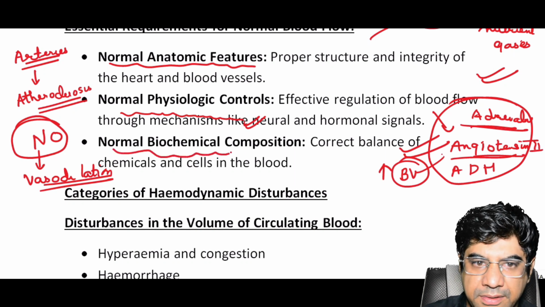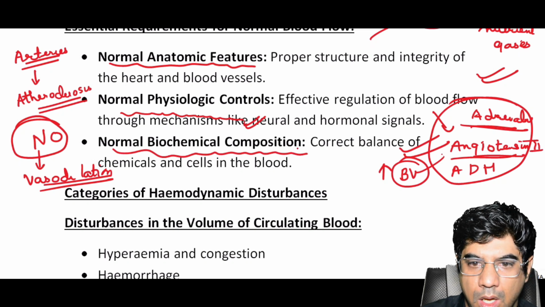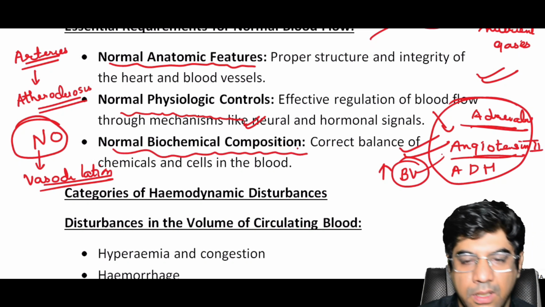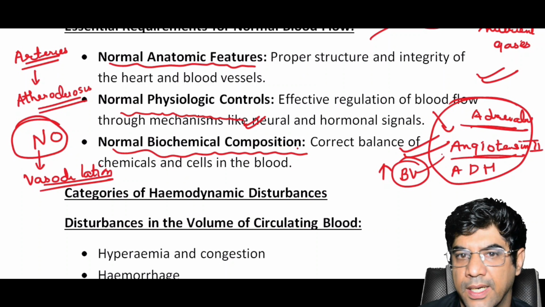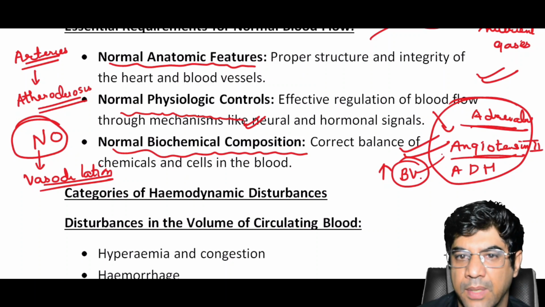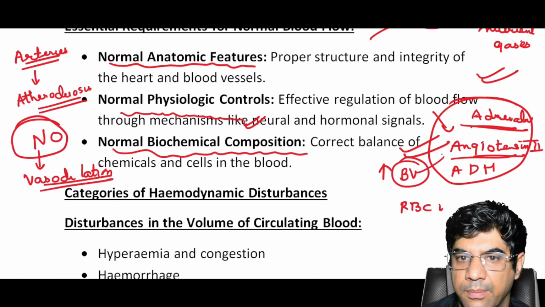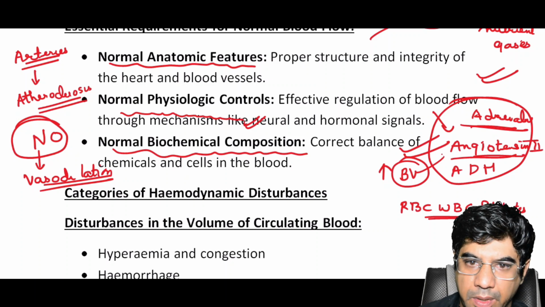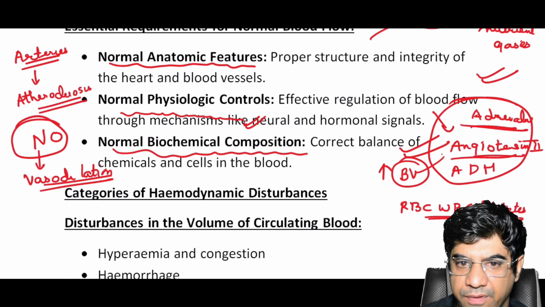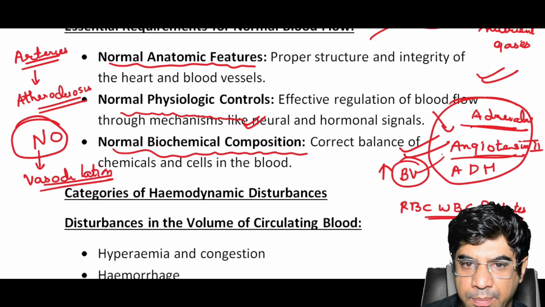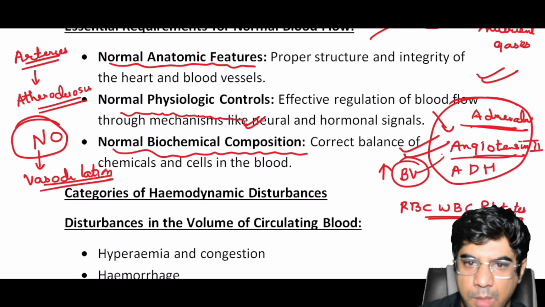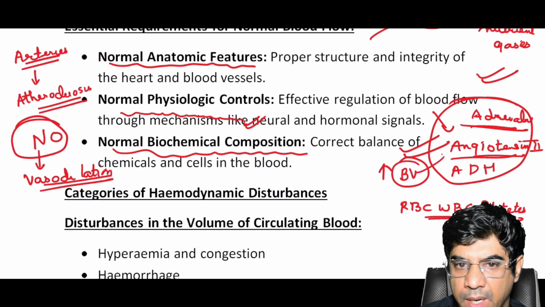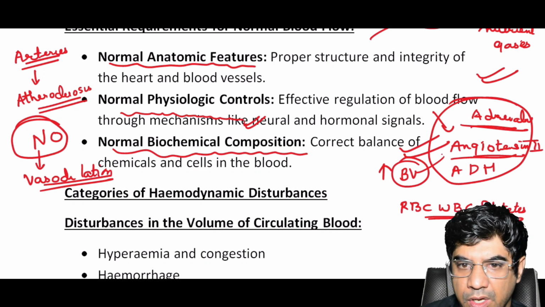The third is that there should be a normal biochemical composition of the blood. So we know that blood contains red blood cells, WBC, and platelets. The blood must carry nutrients and gases to and from the tissues. The plasma proteins like albumin maintain the oncotic pressure, preventing fluid from leaking out of blood vessels into the tissue.